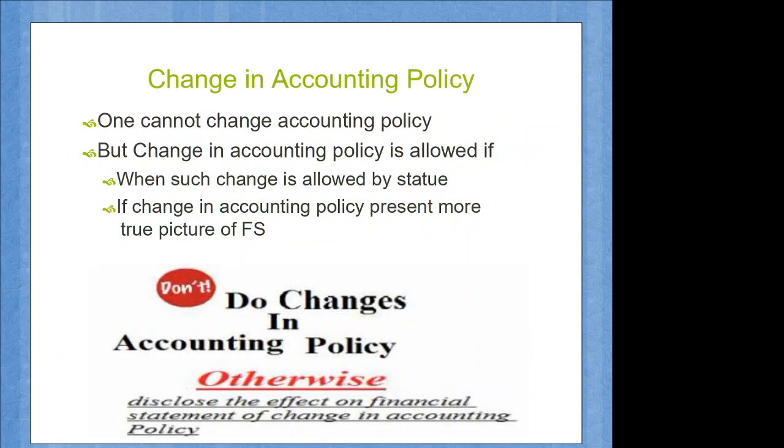Now, suppose there is a change in accounting policy. Basically, one shouldn't go for a change in accounting policy. But if that change is going to give you a better picture in future with reference to the true and fair view of the business conducted, then such an accounting policy, if changed, must be disclosed in the financial statements.